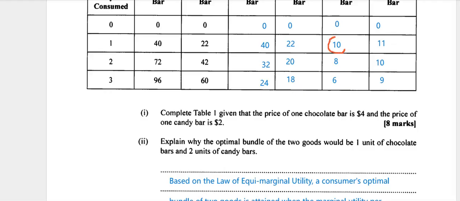So 1 chocolate bar is 10 and 2 candy bars 10. They both have the same marginal utility per dollar. Hence, that is the reason why that is the optimal bundle. All right.